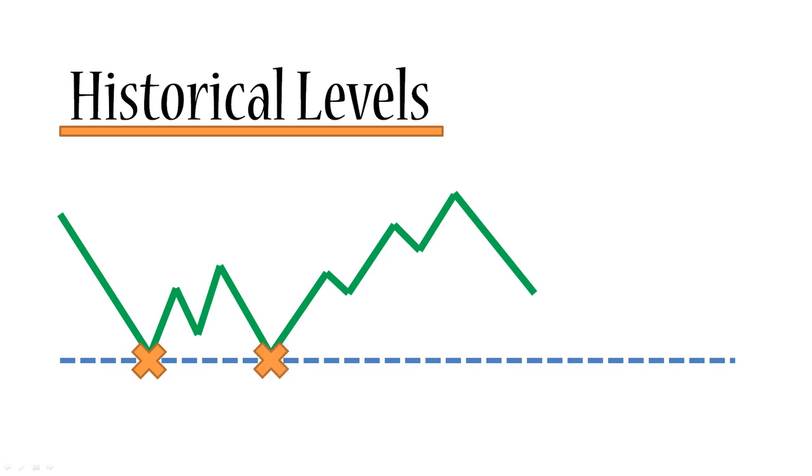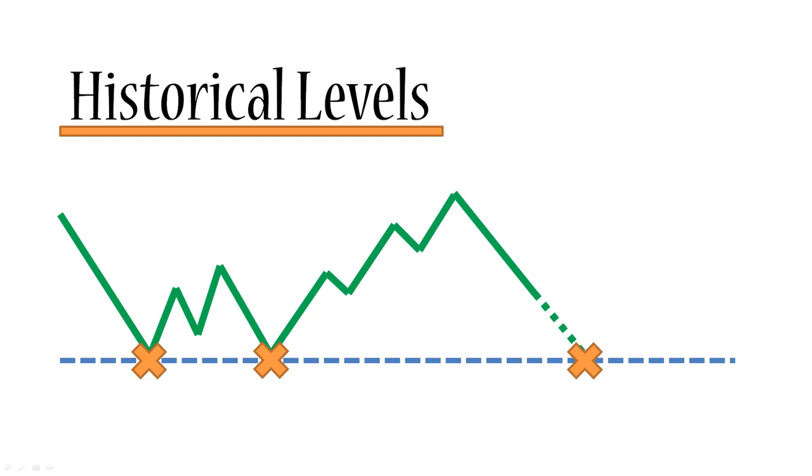So what can we anticipate from the price's future movement? Well, we can anticipate that if the price does go towards this support line, then something will probably happen over there. And that's how you establish support and resistance levels, the historical type.